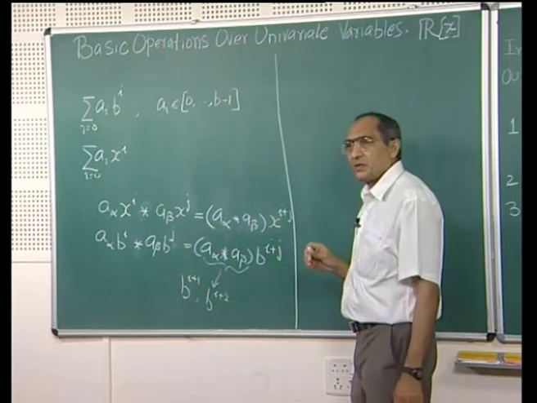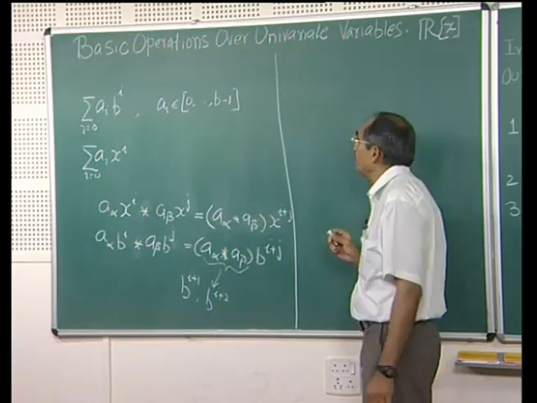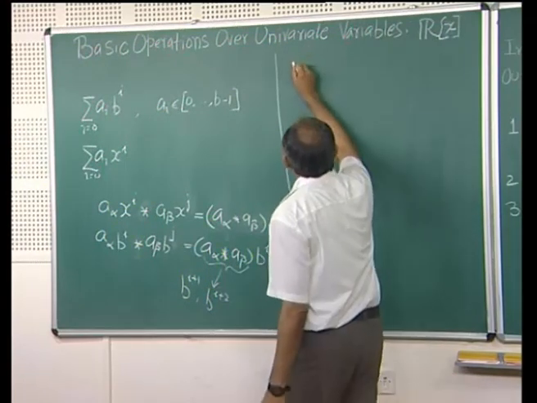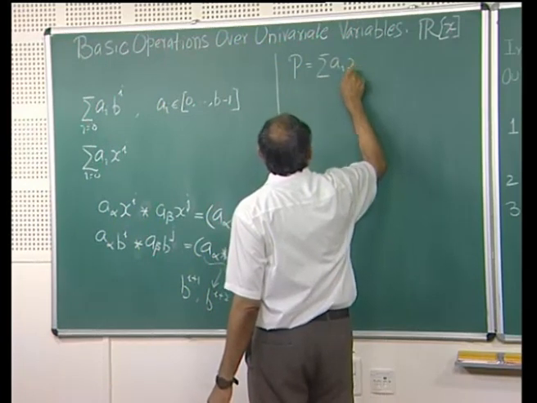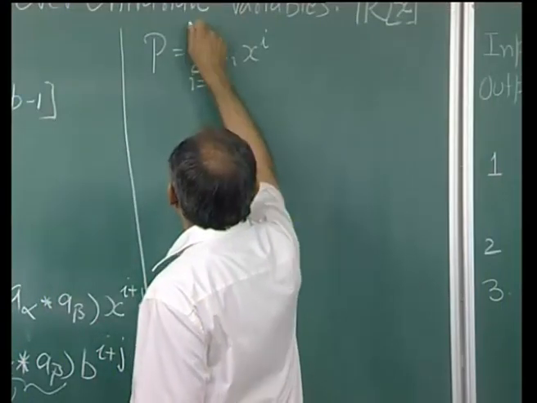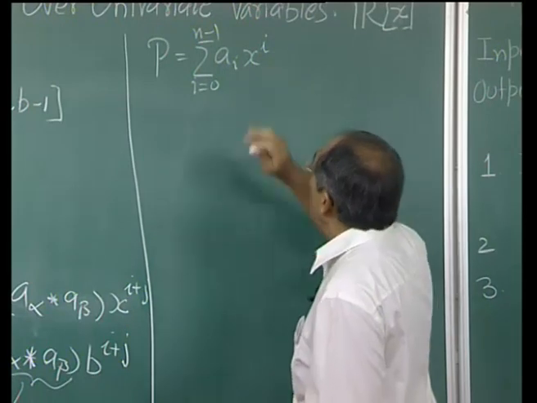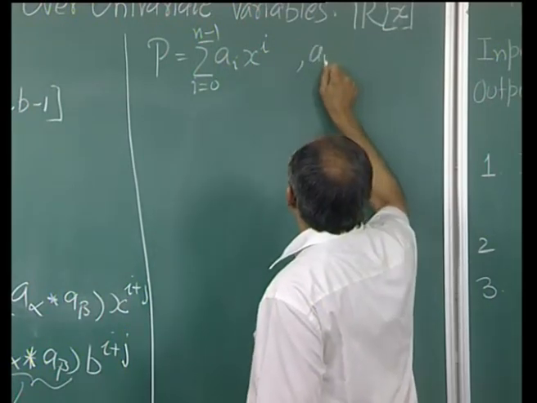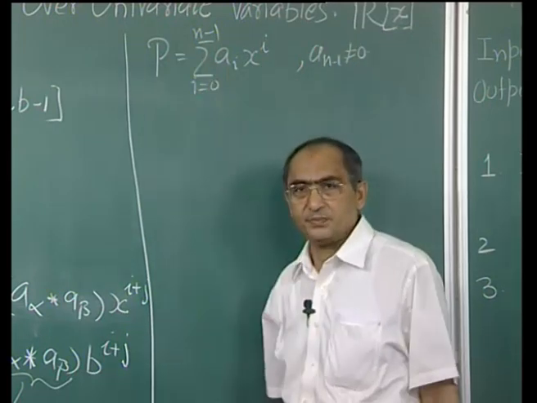Well, let us first of all decide what we mean by the reciprocal of a polynomial. So, let us suppose we have a polynomial p, the sum of a_i x^i, i from 0 to n minus 1, and we will assume that a_(n-1) is not 0. So, the degree is precisely n minus 1.